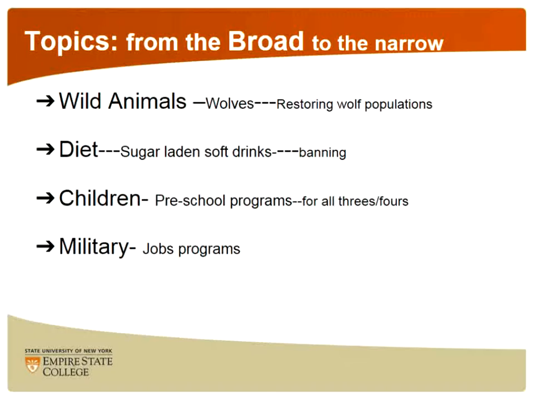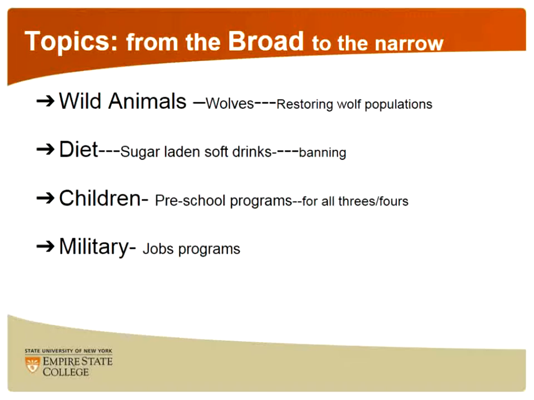Now you have a narrow enough topic, a topic that's not too broad. Obviously, you're not going to research wild animals because there's a whole library full of that information, and wolves has shelves in the library. But you might find just a certain limited amount of information on restoring wolf populations.